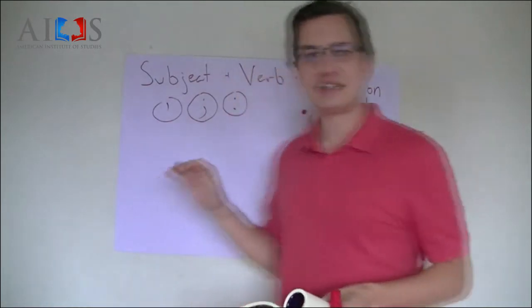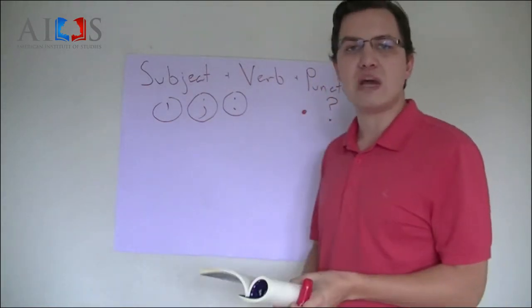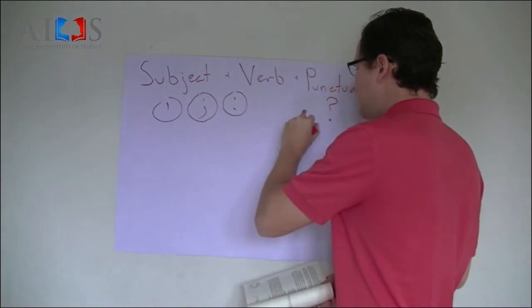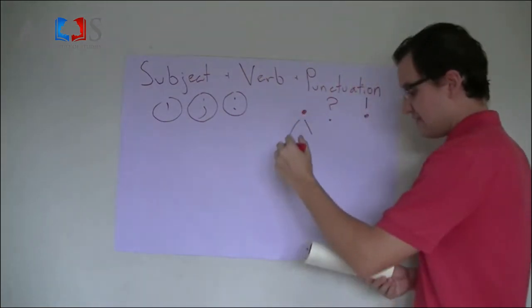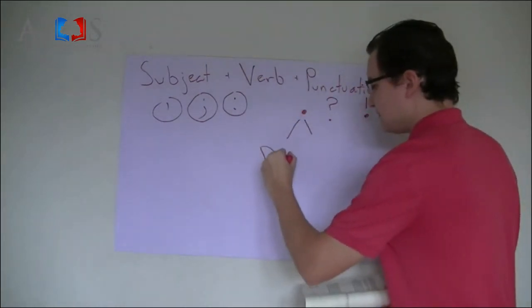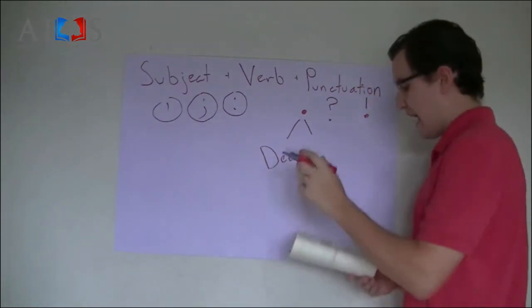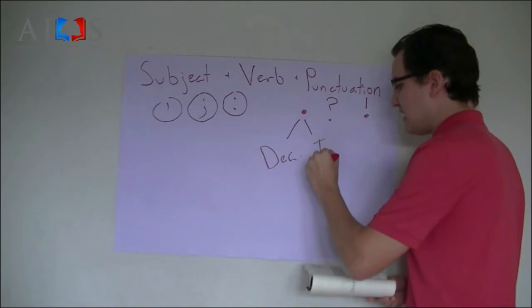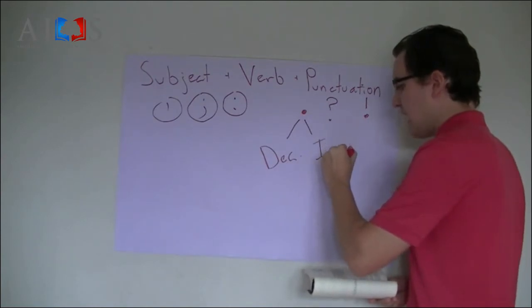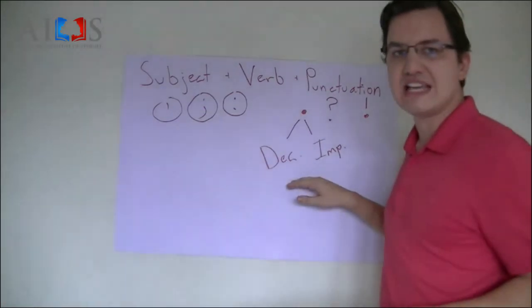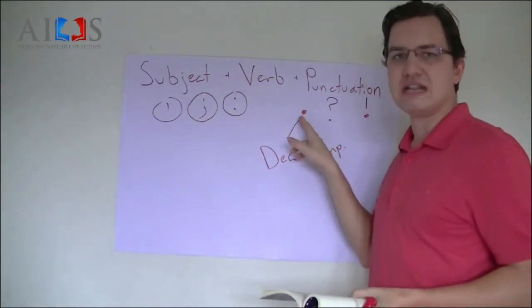Each sentence uses its own punctuation. Now, 2 of the sentences use a period. We have the declarative, I'll write just DEC for short, and we have the imperative. I will write IMP for short. These 2 kinds of sentences use a period.